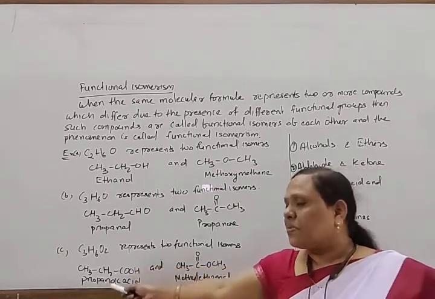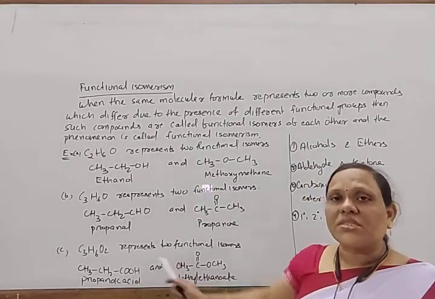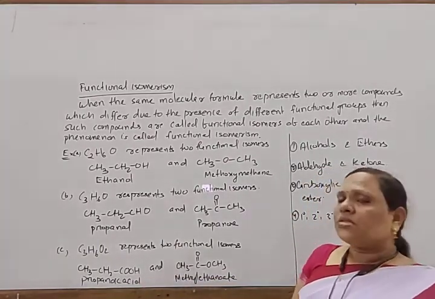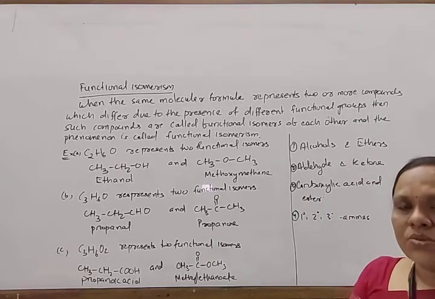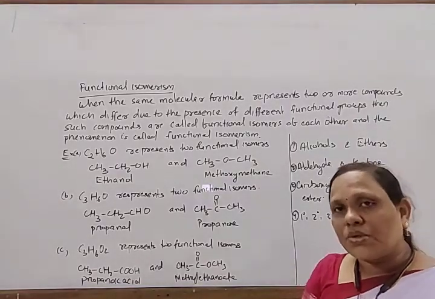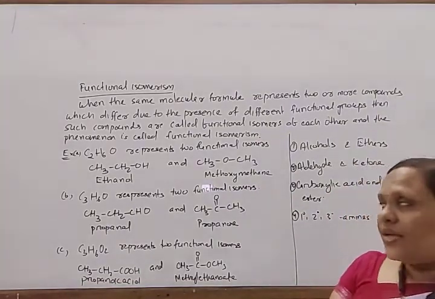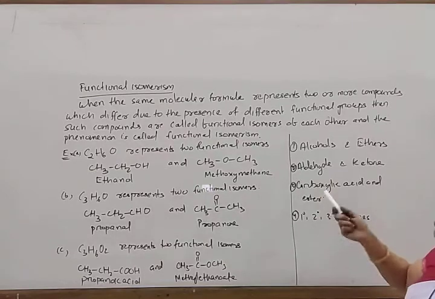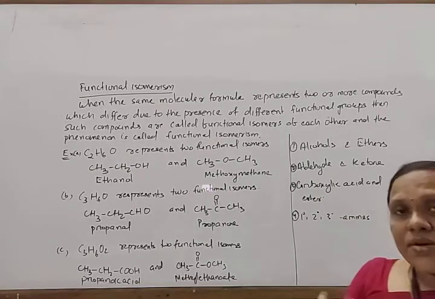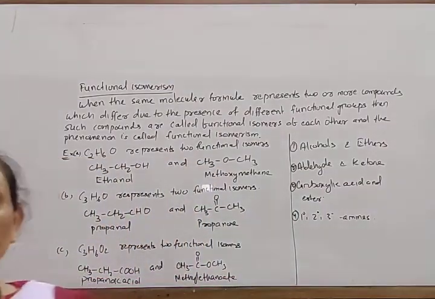So this is a carboxylic acid and this is an ester. Carboxylic acids are functional isomers of esters, aldehydes are functional isomers of ketones, alcohols are functional isomers of ethers. Similarly, primary, secondary and tertiary amines are also functional isomers of each other. Okay, note this down.